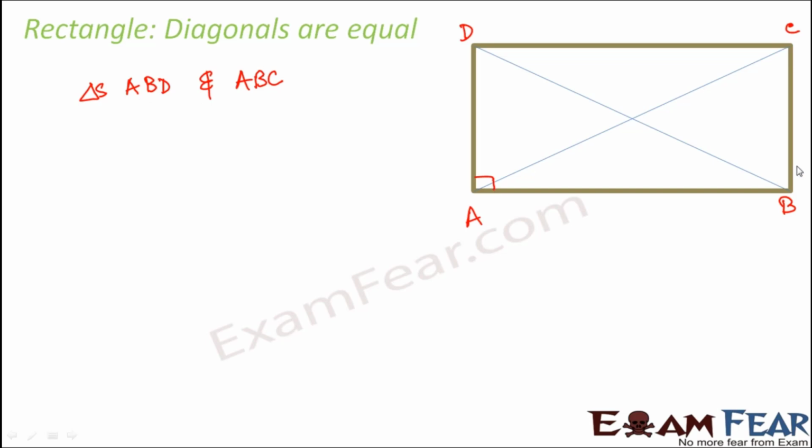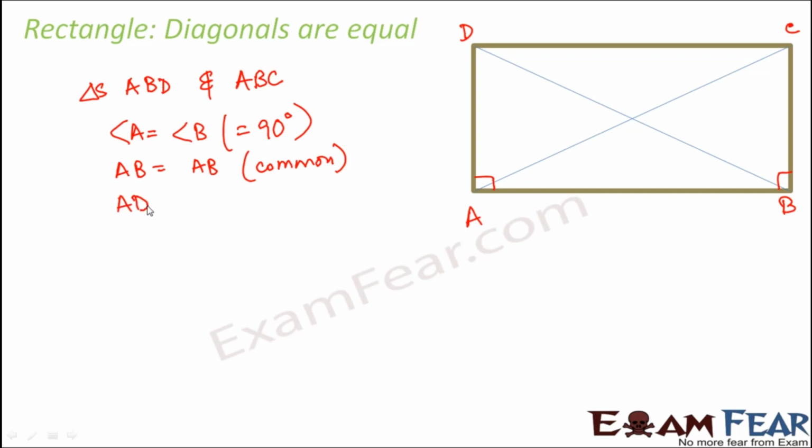In these two triangles we find that angle A is equal to angle B because both are equal to 90 degrees. We also find that AB is equal to AB, which is a common side. We also find that AD is equal to BC, that is this side is equal to this side because opposite sides are equal in the case of a rectangle.